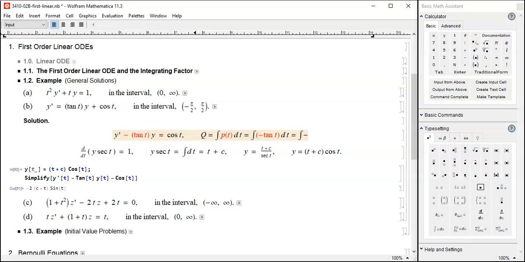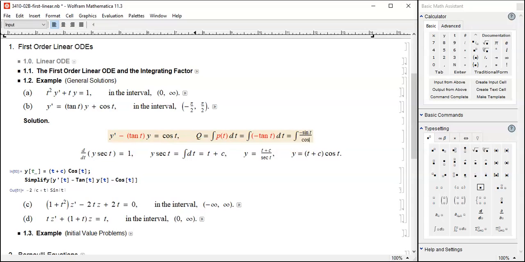So how do you calculate it? Negative sine of t over cosine of t. And then you can calculate it through integration by substitution. Derivative of cosine is negative sine, so it'll turn out this is log of cosine.